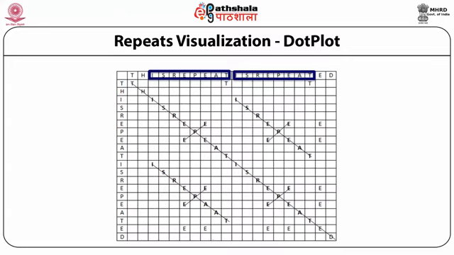In the present case, this sequence has repeat residues and is directly repeating only once. Therefore, there is one parallel diagonal on each side of the main identity diagonal.